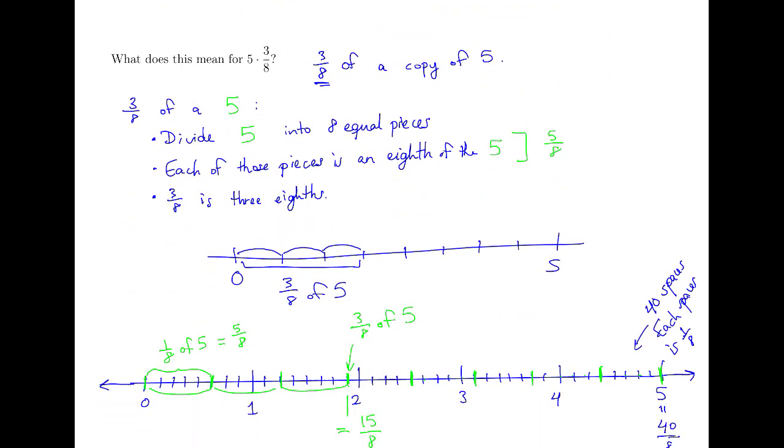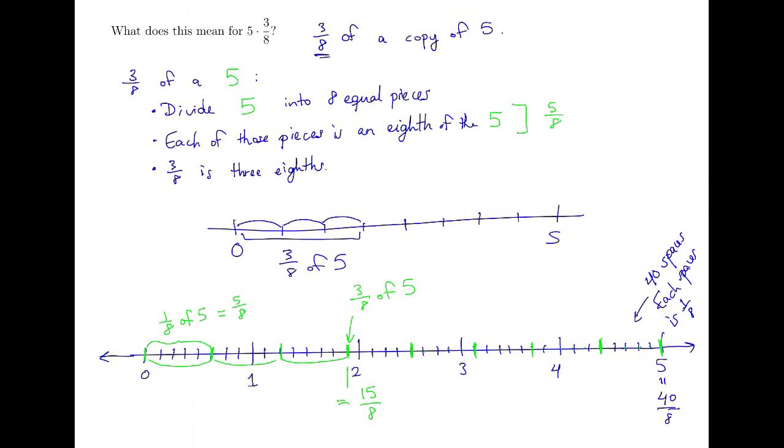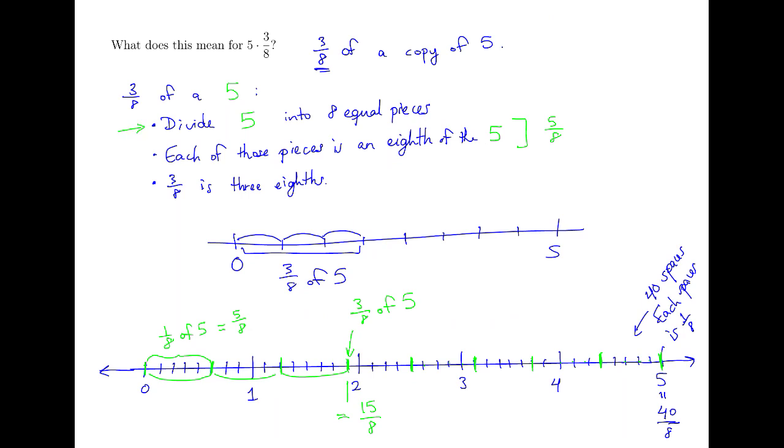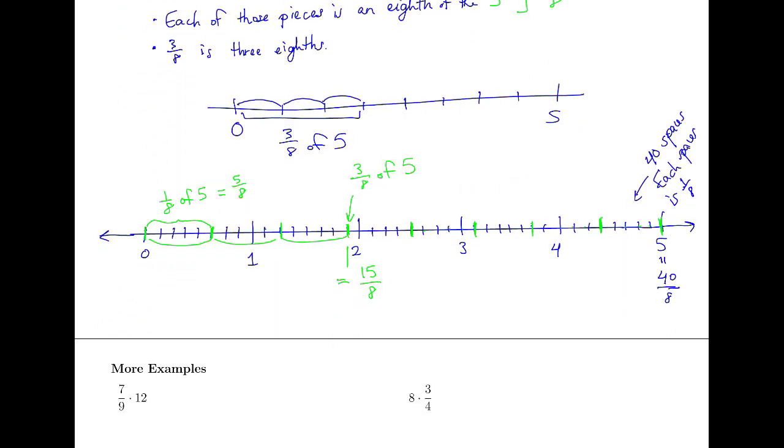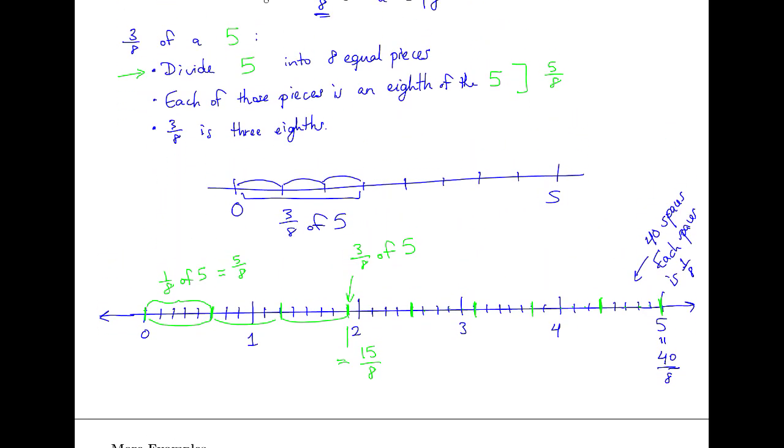And the thing that we ended up doing here is the first thing we did was we needed to divide 5 into 8 equal pieces, which gave us 5/8. So we first did 5 divided by 8, and then we took 3 copies of that, because that 5/8 was first dividing the 5 into 8 equal pieces, and so each of these is 1/8 of 5.